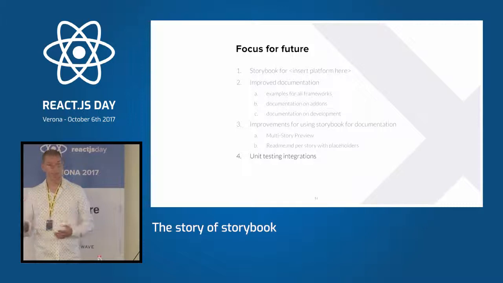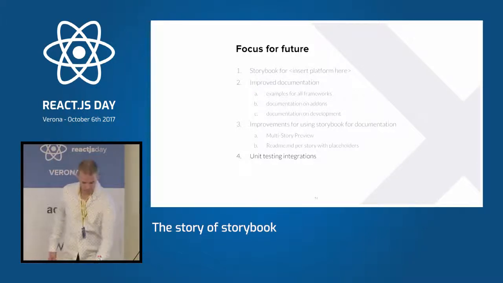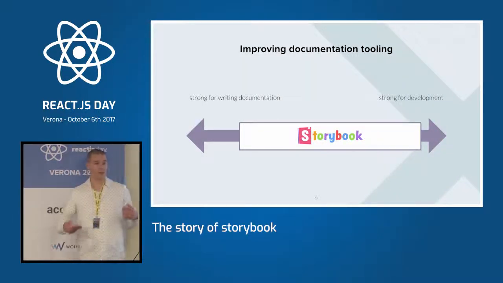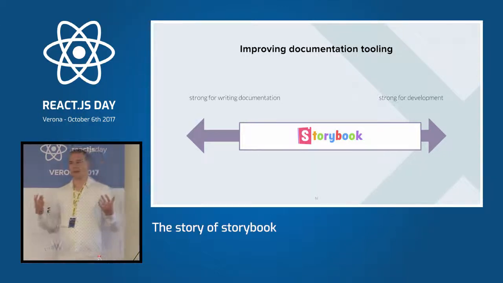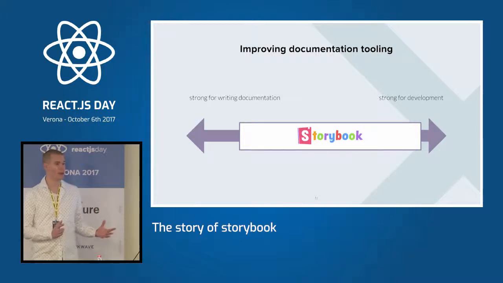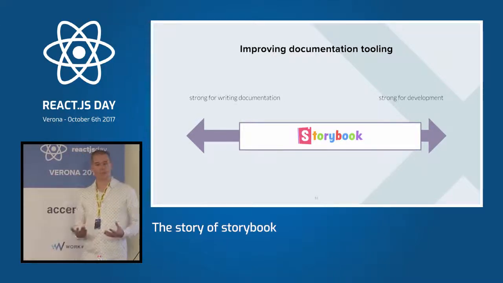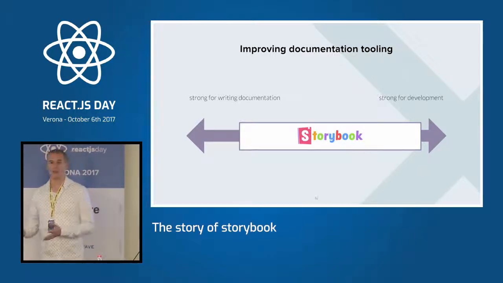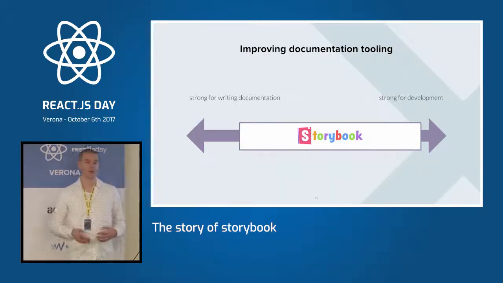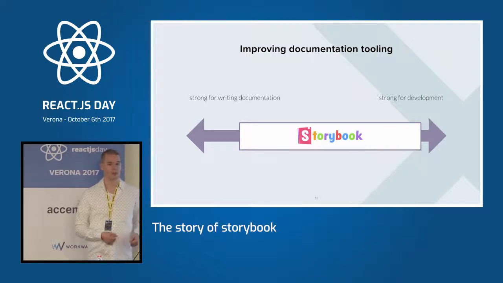And we also want to expand in the other direction. We want to make sure that you're able to use Storybook as a central place for development. I envision this as you have your editor open on one side and Storybook open on the other side.